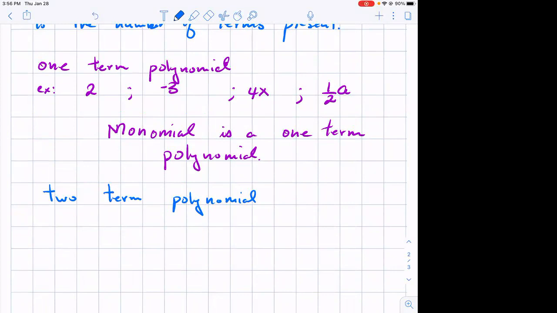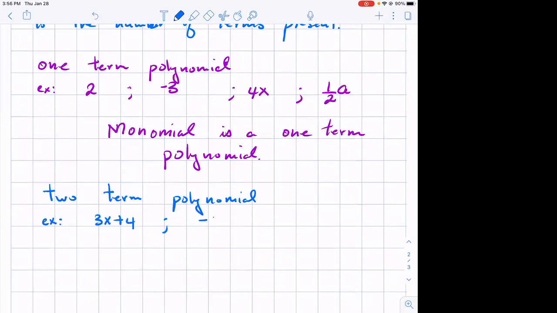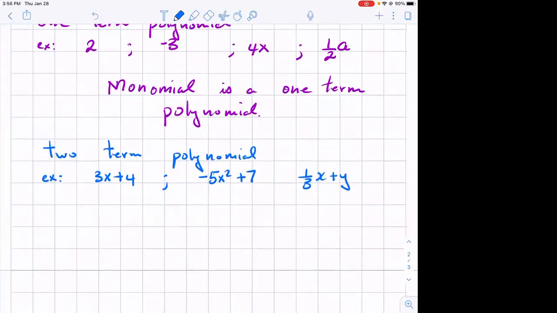So a two-term polynomial, example, will be 3x plus 4 or minus 5x squared plus 7. Okay? Or 1/3 x plus y. And for a two-term polynomial, these are called binomial.